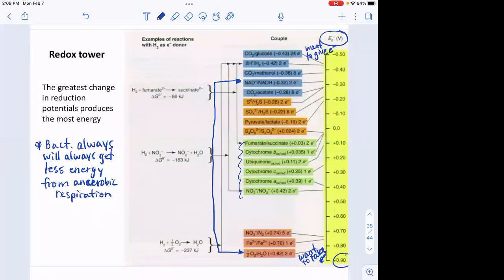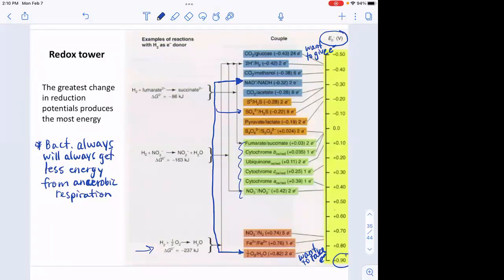Again, I'll leave that to your biochem professor to figure out the calculation of how much energy we get. But that's aerobic respiration. If you use anything other than oxygen, that distance is not going to be as great. So if electrons are dropped off by NADH and you use sulfate as a final electron acceptor, that's going to give you less ATP.